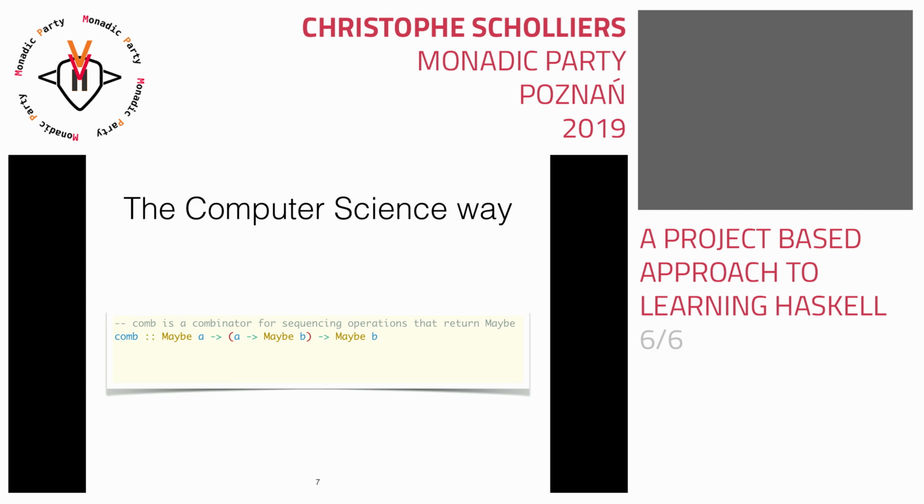So let's try to use this combinator. And so let's first implement it. This combinator, the first argument is a maybe something, and in case it's nothing, we just return nothing directly.